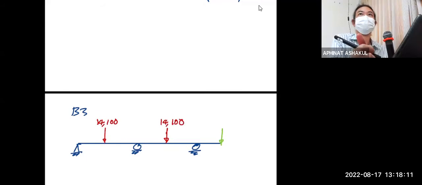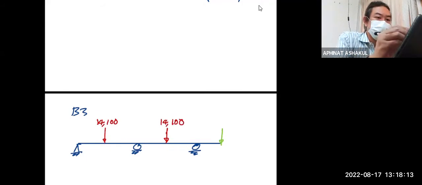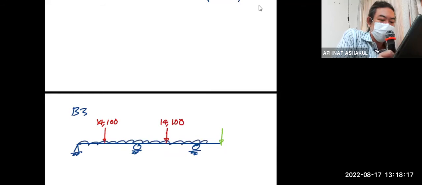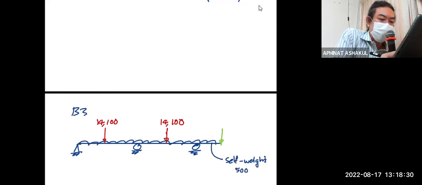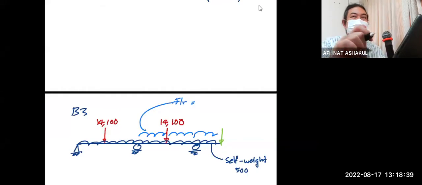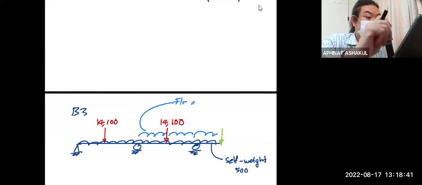And then you have the self weight, 500, and then you have the floor, which is exactly the same number as the one on your B2.